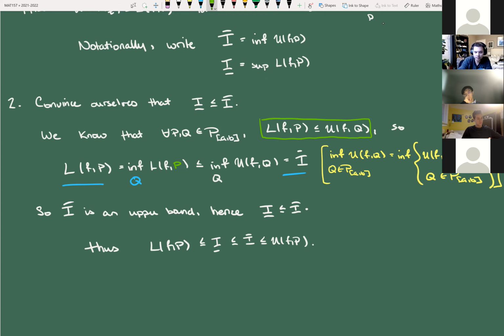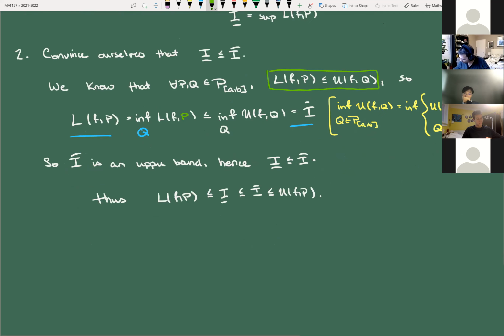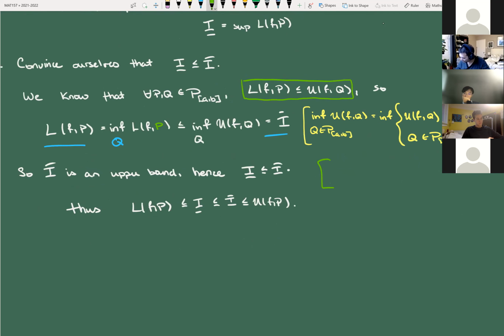Oh no, because it's the same thing: I'm infimizing over the partitions Q. There's no Q in L(f,P). It's constant. It's a singleton set, there's only one thing. What I'm saying when I write this is take the infimum over L(f,P) when Q is allowed to vary over the partitions.